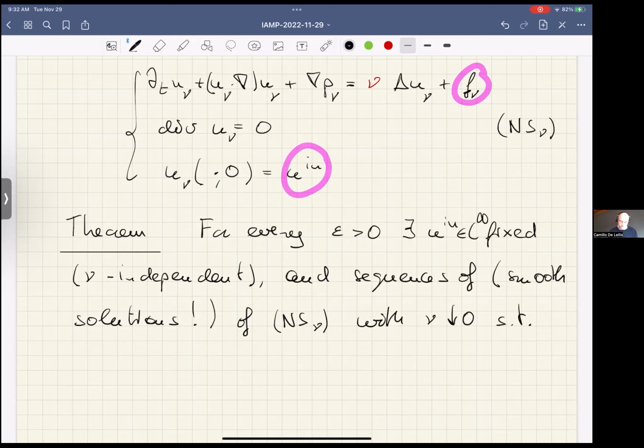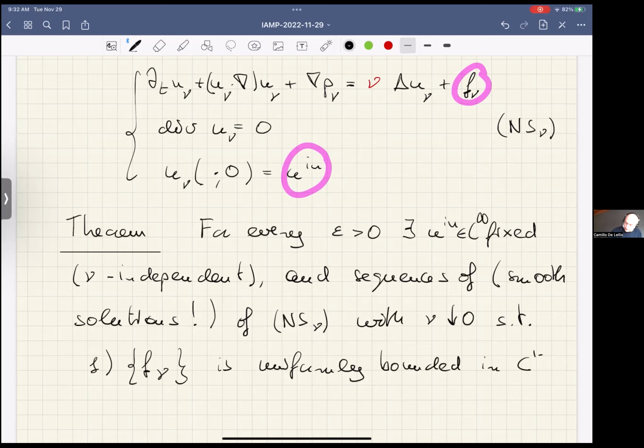It's actually very nice. Okay, then, of course, you might expect that given what I told you, there must be some degeneration in the sequence of forces going down. Okay, so F nu is uniformly bounded in C1 minus epsilon.